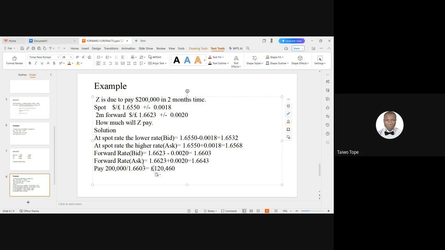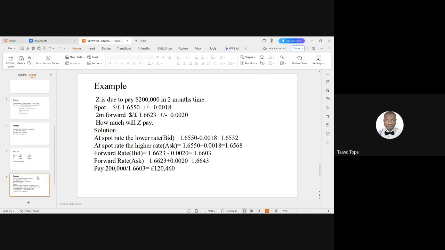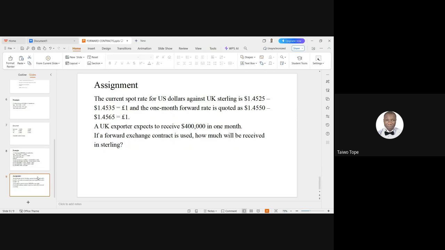So taking this further, I have this question. The current spot rate for US dollars against UK sterling is 1.4525 to 1.4535 equal to £1, and the 1-month forward rate is quoted as 1.4550 to 1.4565 to £1.